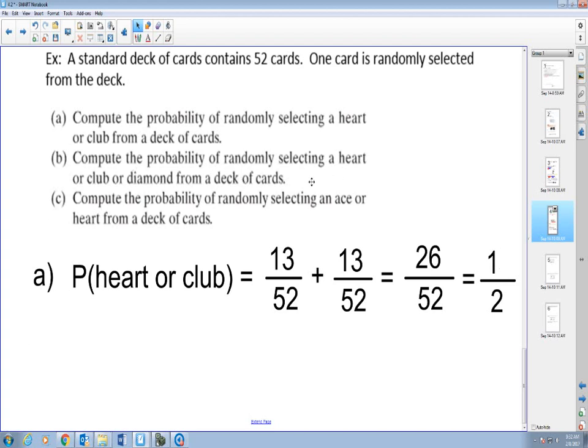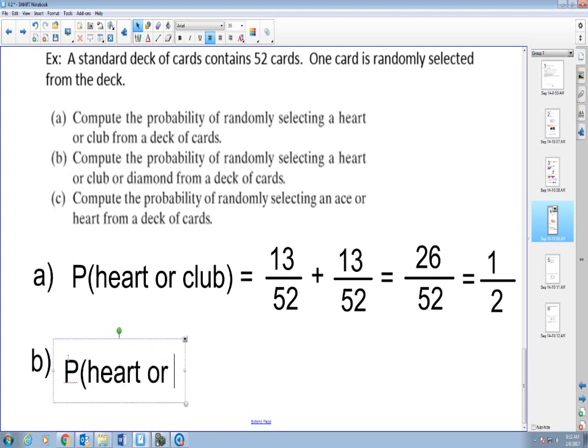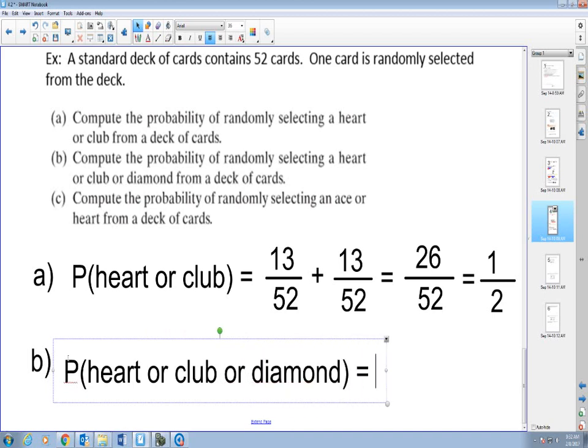Compute the probability of selecting a heart or a club or a diamond. So this time I got 3 events: club, heart, diamond. All 3 of them are mutually exclusive. So this time I'm just adding another suit.